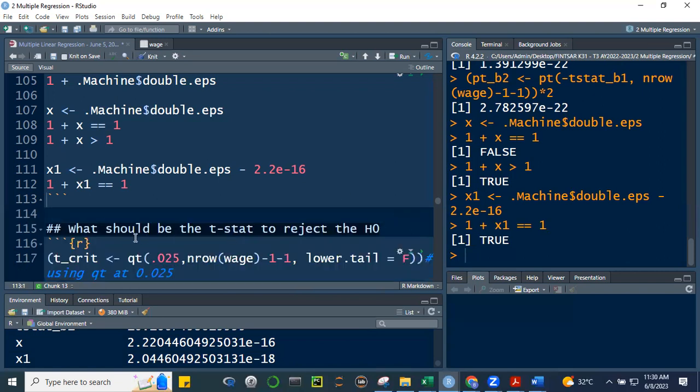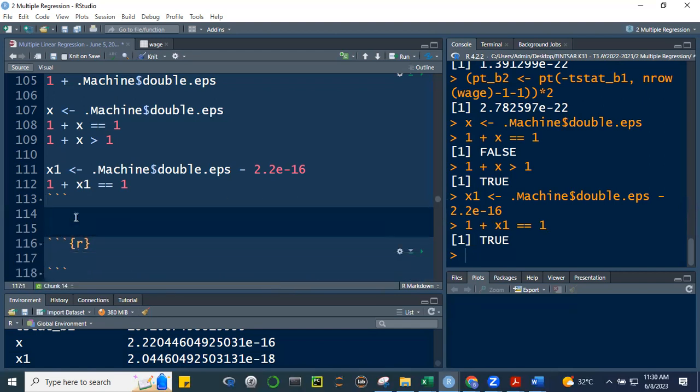Actually, class, if I want to get the Control Alt I, let's see. Let me get the summary of, what did we use earlier? Mod 1, right?